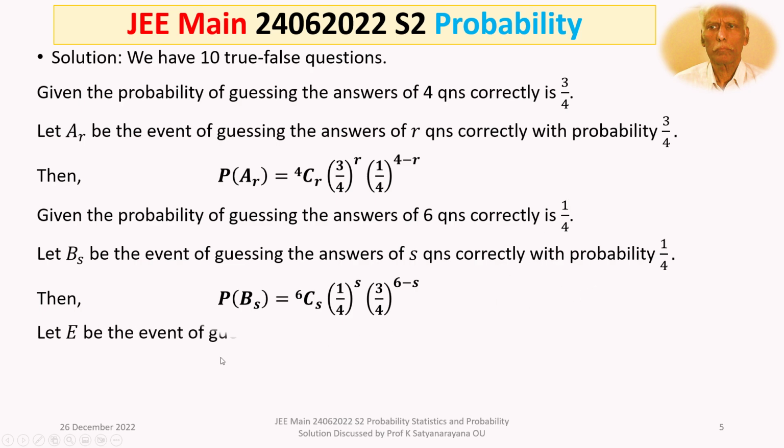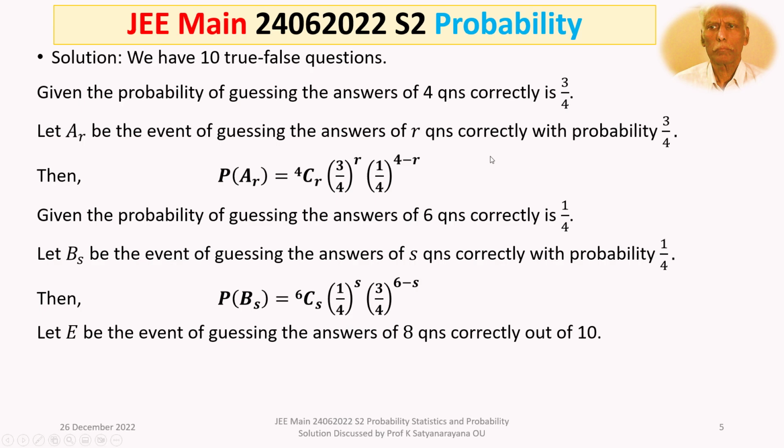Now let E be the event of guessing answers of 8 questions correctly out of 10. So what are the possibilities? 4 questions of A type, with the probability 3/4, and 4 questions of B type. 4 plus 4 is 8. That is one possibility.